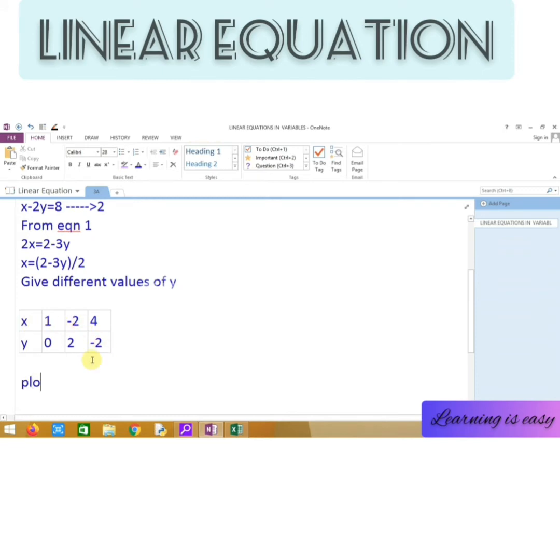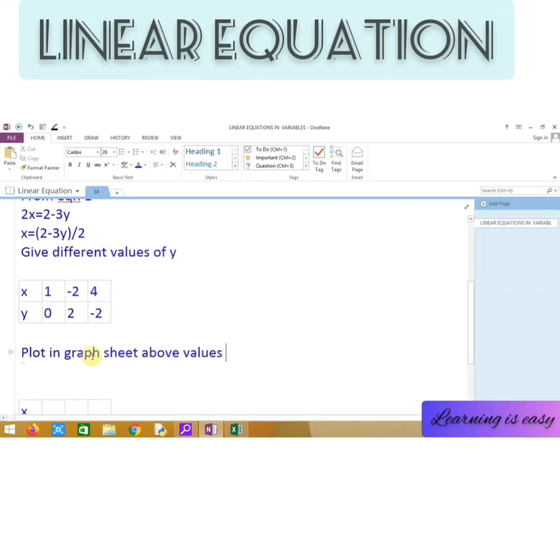And from equation 2, we can derive it the same way for different values of y. What will be the value of x? And all these together, we can plot in the same graph sheet.